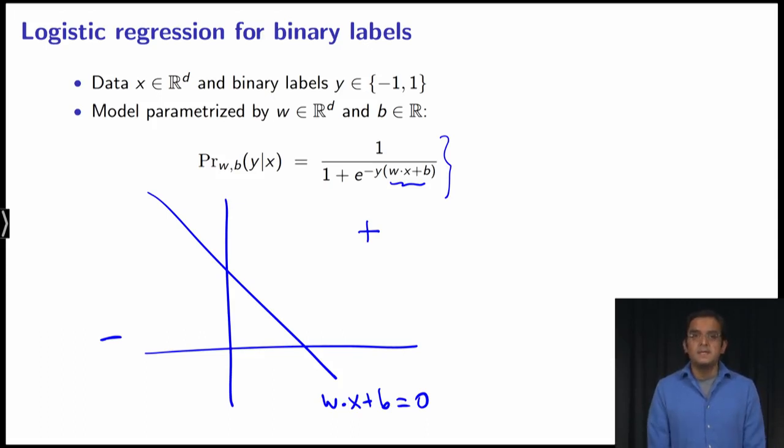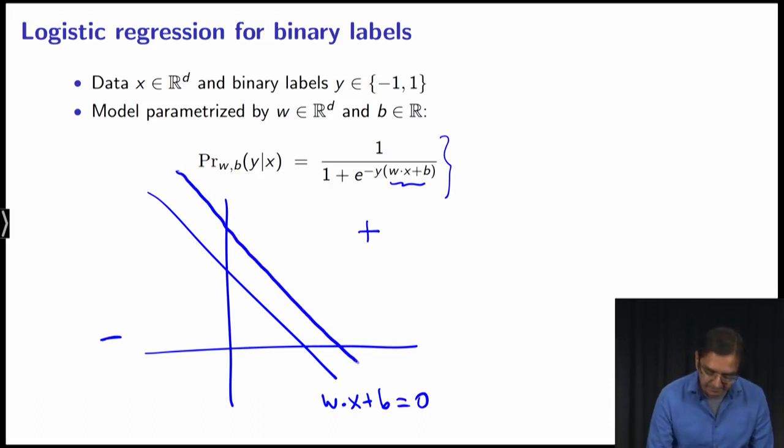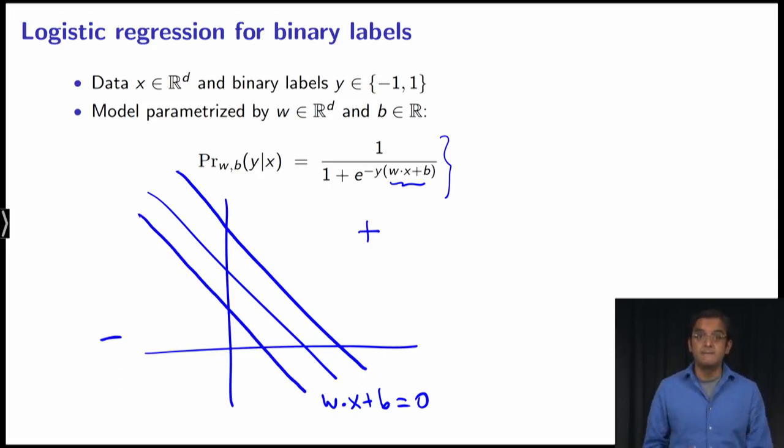Now, what are the points for which the probability of y being 1 is 60%? Well, it's a parallel hyperplane on this side. It's something like this. And what are the points for which the probability of y being 1 is 40%? Well, it's another parallel hyperplane on the other side.